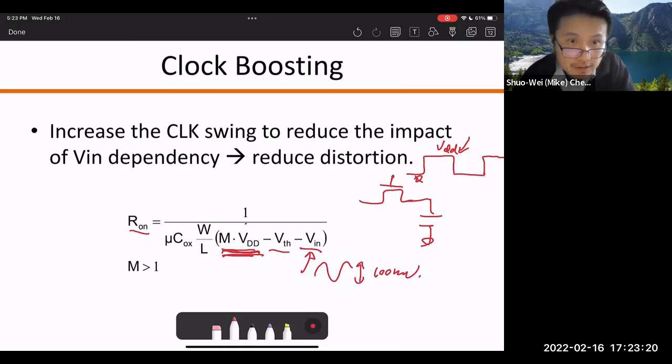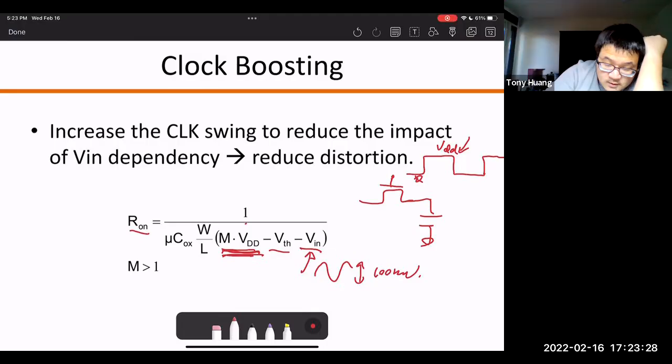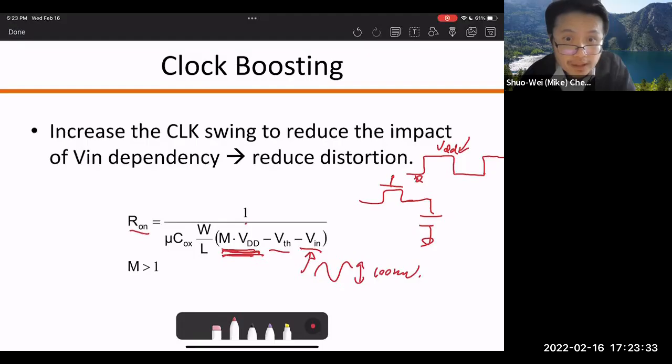Another benefit: would this improve or reduce the resistance value? It will reduce it. Even forgetting about the dependency on V in, the fact that you increase the gate voltage swing means the on resistance also reduces. Is that a good thing?